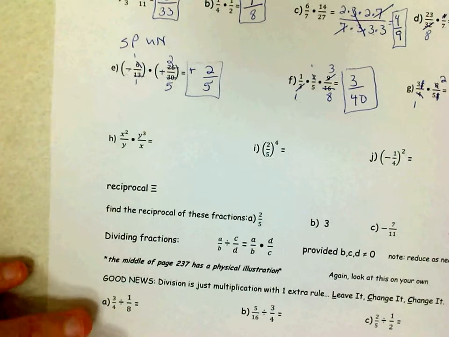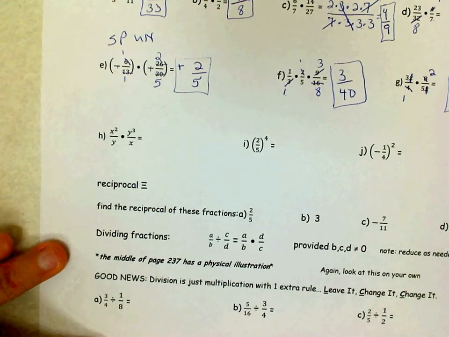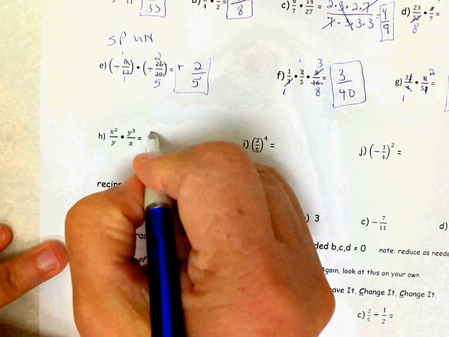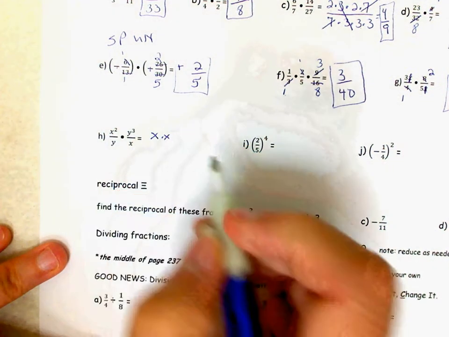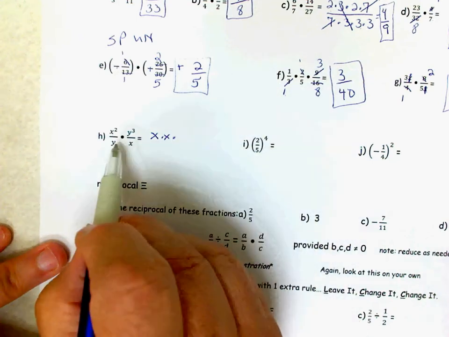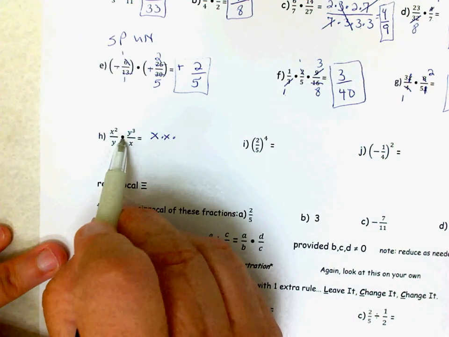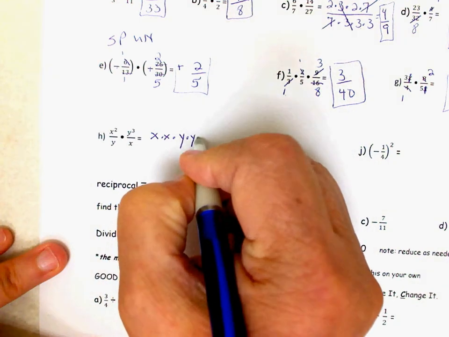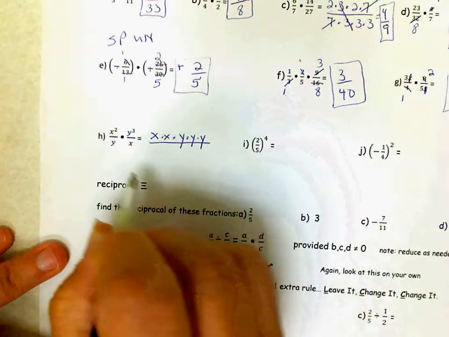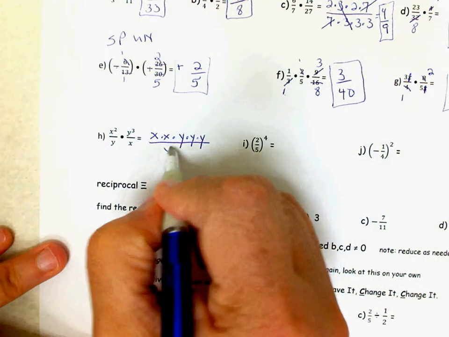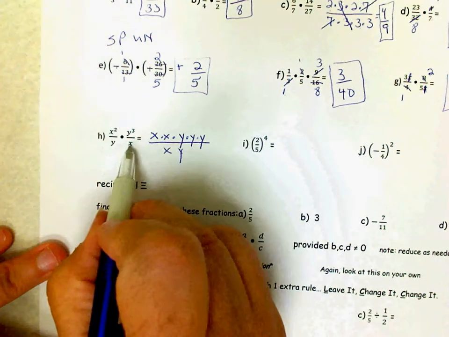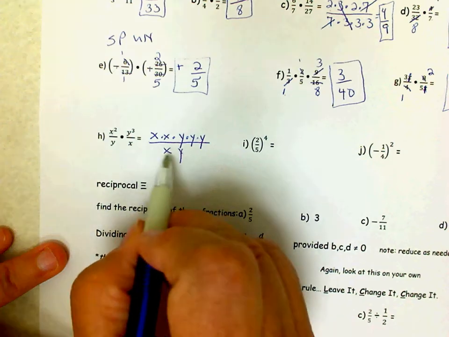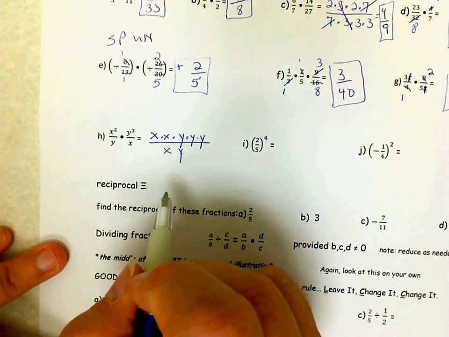Number H. Remember, an x squared is an x times an x. And I always do these problems this way. And since we're timesing, y cubed is y times y times y. And then over an x and a y. And it's okay that I switched their order. And we usually like to put multiple variables in alphabetical order.